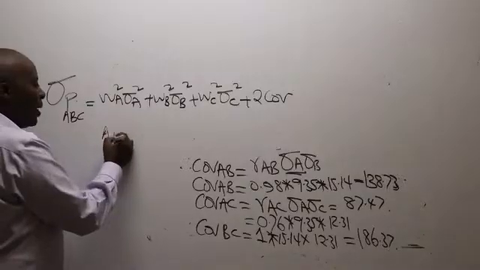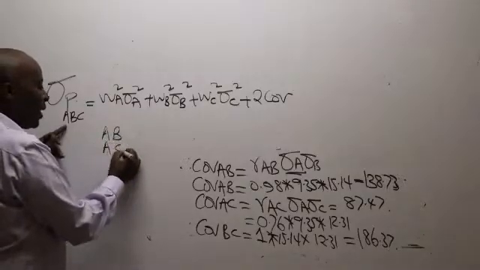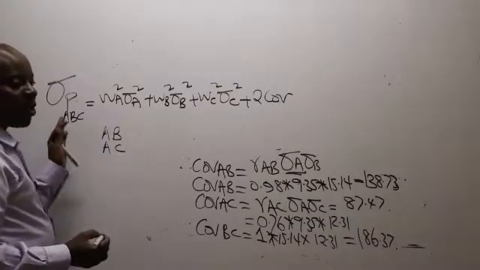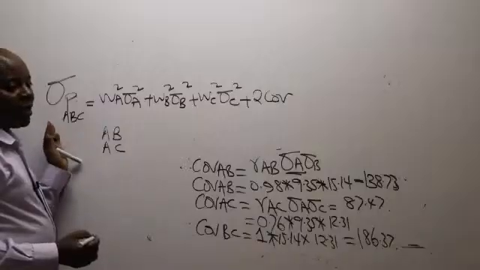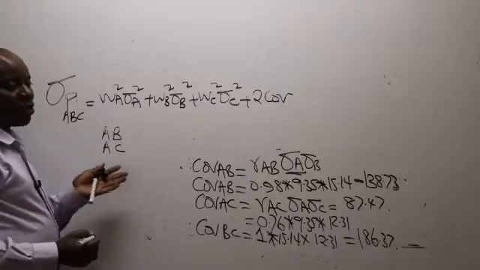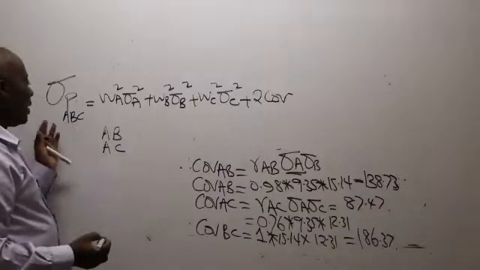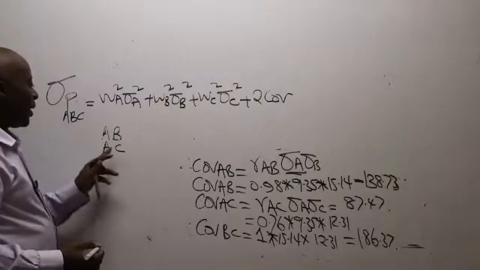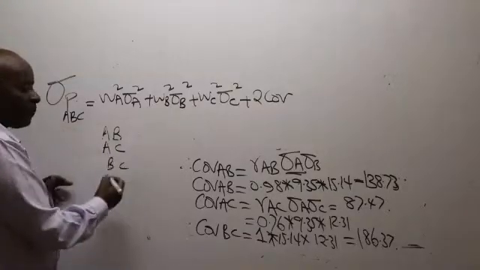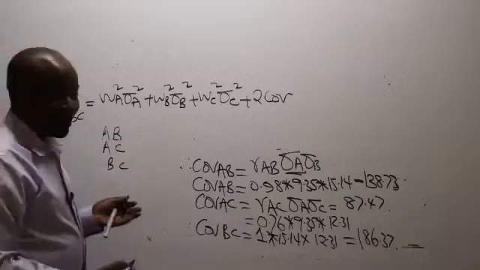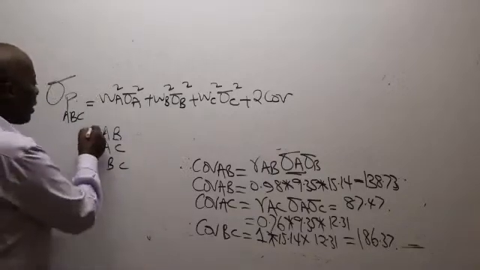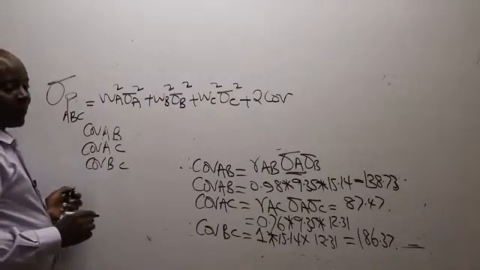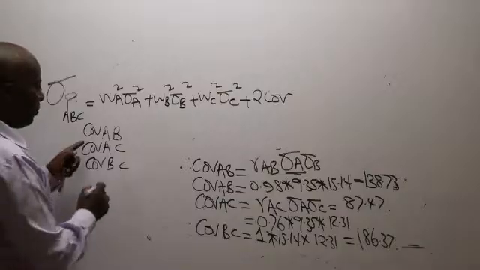We have pair AB, pair AC, and then BC. Now you'll come and add the word covariance here. So we pick this as the first pair.